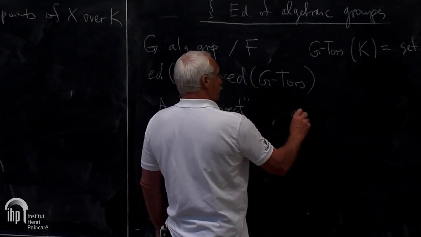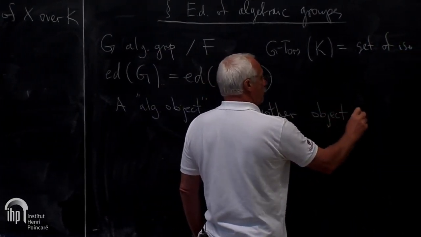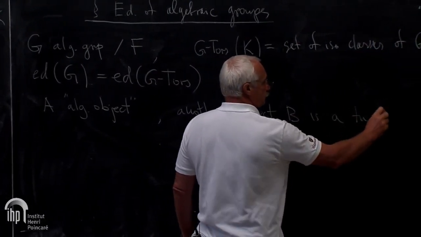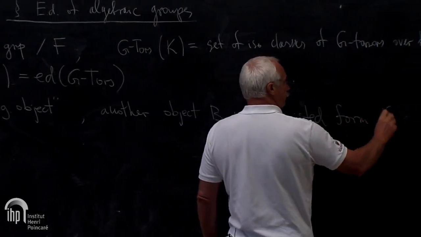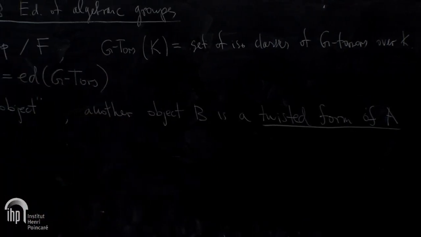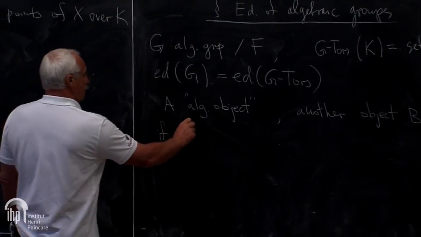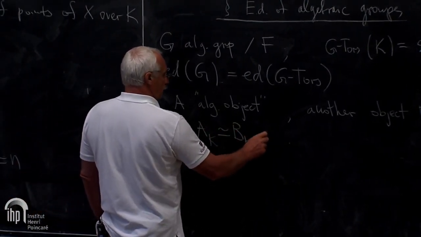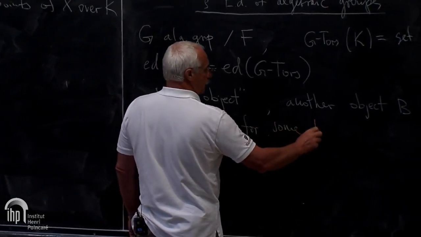Another object B is called a twisted form of A if A and B are isomorphic over some field extension: A over K is isomorphic to B over K for some K over F.